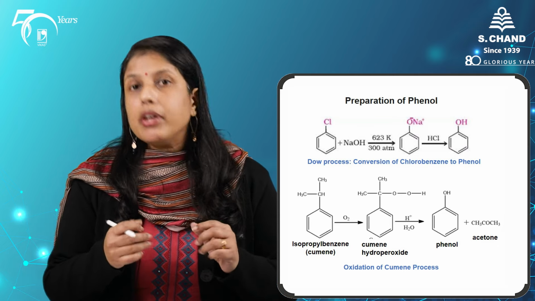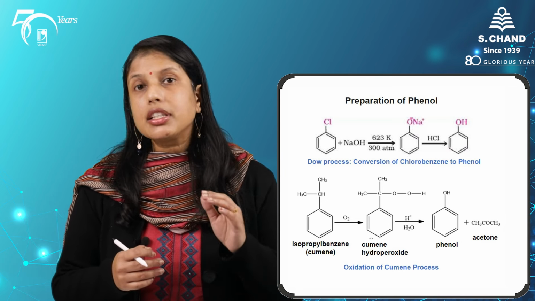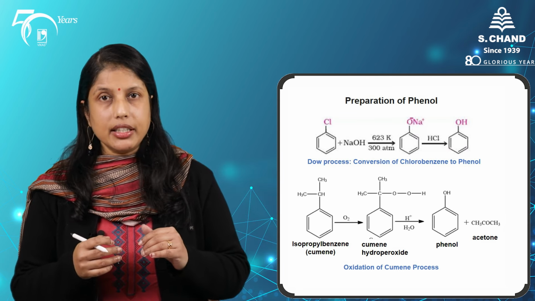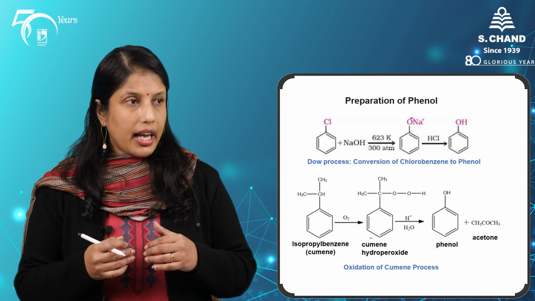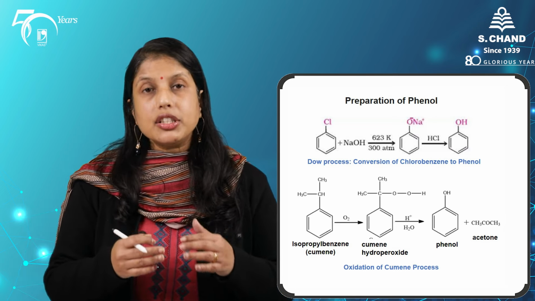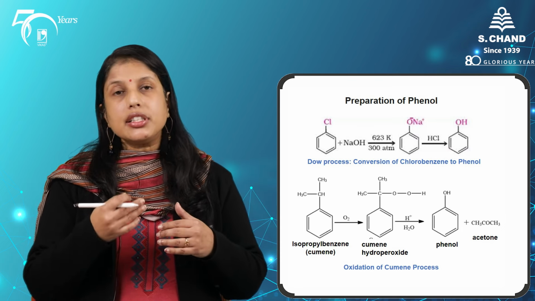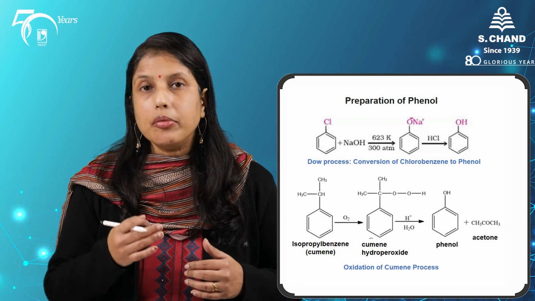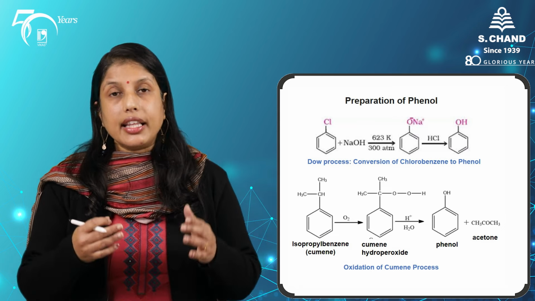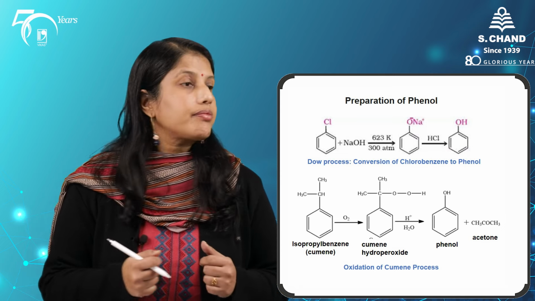In the first method, known as the Dow's process, benzene is first converted to chlorobenzene by a nucleophilic substitution reaction, after which the chlorobenzene is treated with an aqueous solution of sodium hydroxide under high temperature and pressure conditions, and then it forms our phenol.